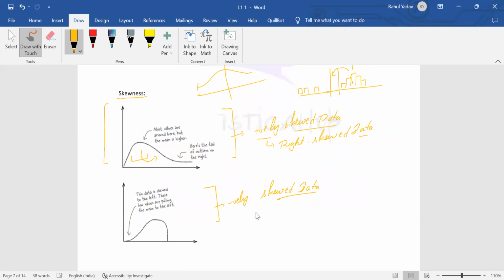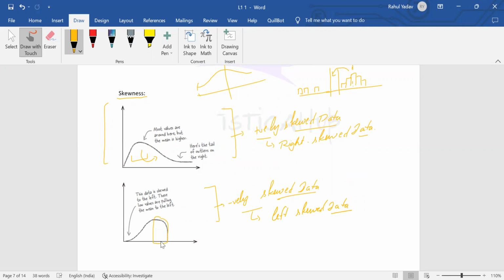For negatively skewed data, another name is left skewed data. And what does that mean? That means the majority of values in the data are on the right side, but there are a few outliers on the left portion of the data that are shifting the mean towards the left.